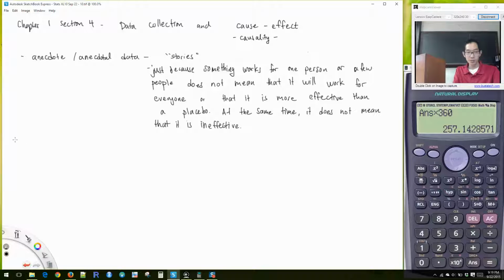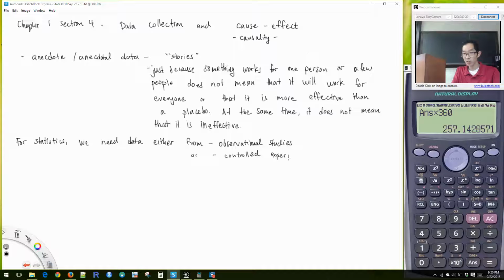So for statistics, we need data either from observational studies or controlled experiments.